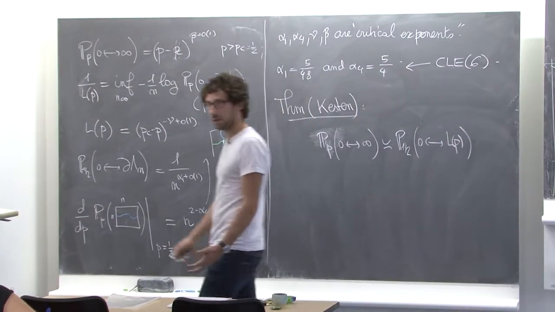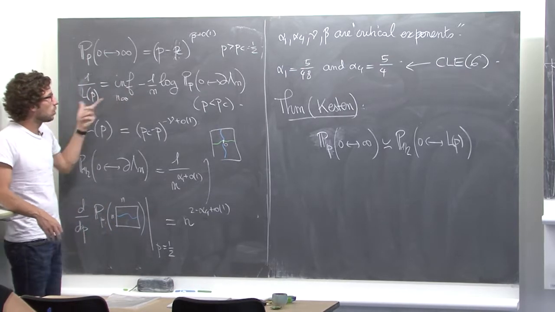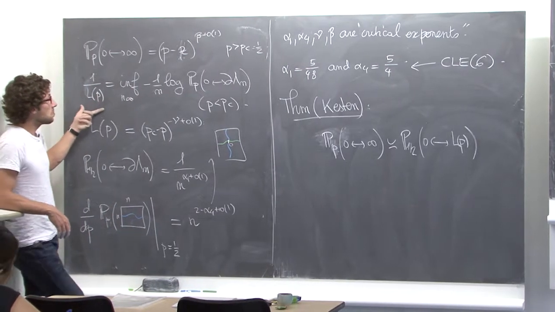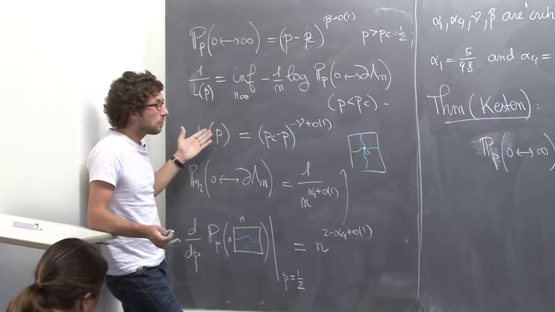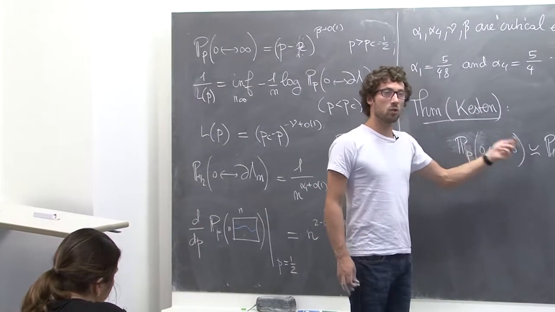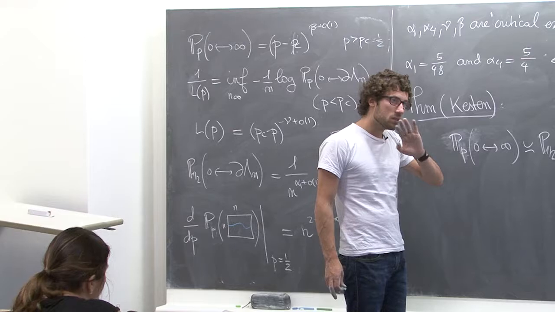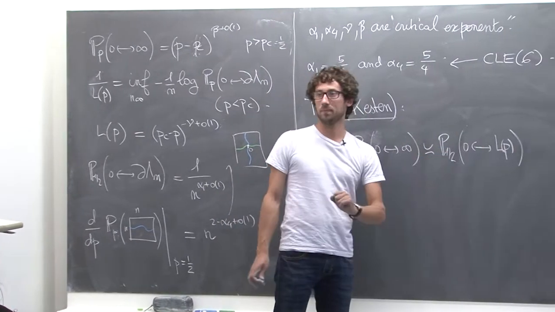So it's very strange. You have these quantities that are defined completely differently. L(p) is what we call the correlation length. It's a number which indeed is growing. And if I want to connect at p 0 to infinity, in fact, it's roughly the same probability as at 1/2 trying to connect 0 to L(p).